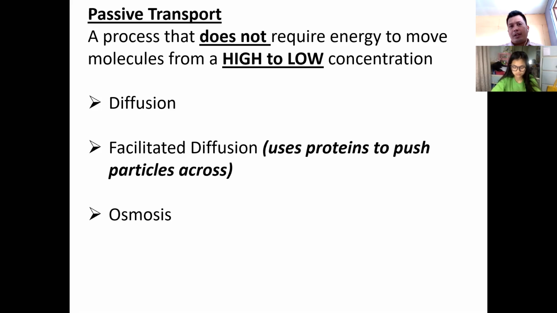It is much the same as when you spray a perfume. The molecules are in high concentration inside the aerosol can, but when you spray it, it will disperse into the low concentration area.